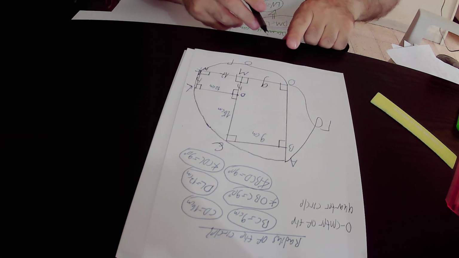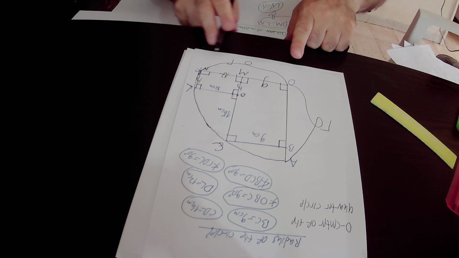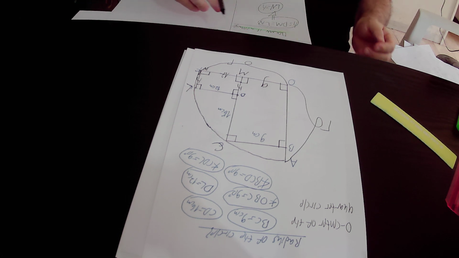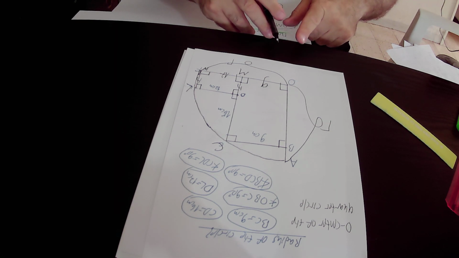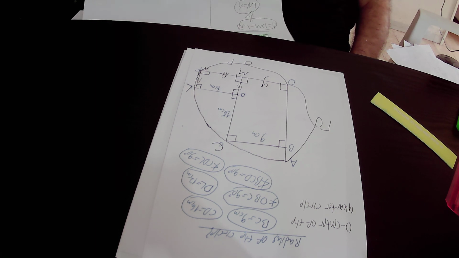So here, we actually found out that side ON, which is equal to side OM plus MN, is 9 plus 12, that is 21 units. So we expect that the radius OF will be a little bit greater than 21 units. Why?